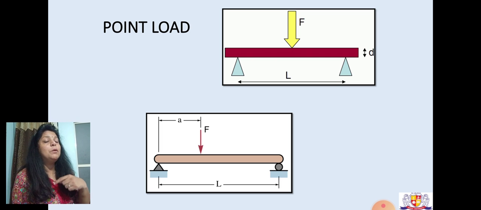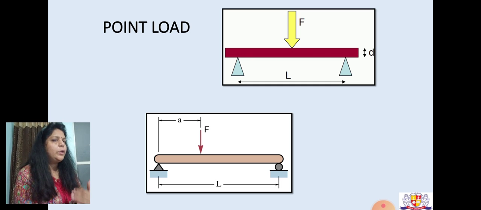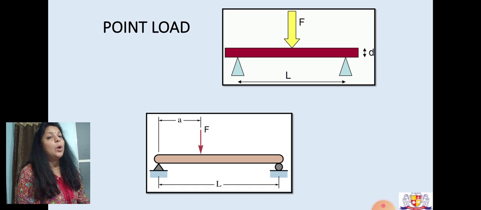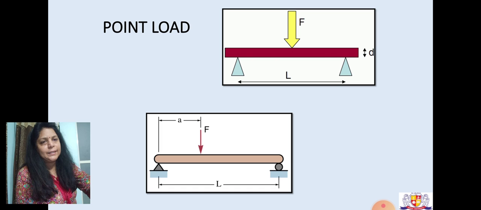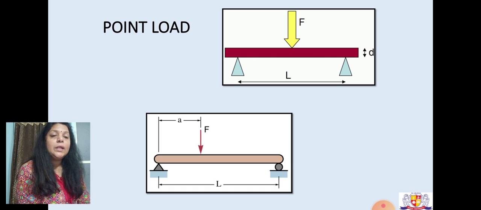A practical example in civil engineering is a column or a pillar. A column of dimension 800 mm by 600 mm will give its whole weight in the form of a point to the ground. So that is called a point load.